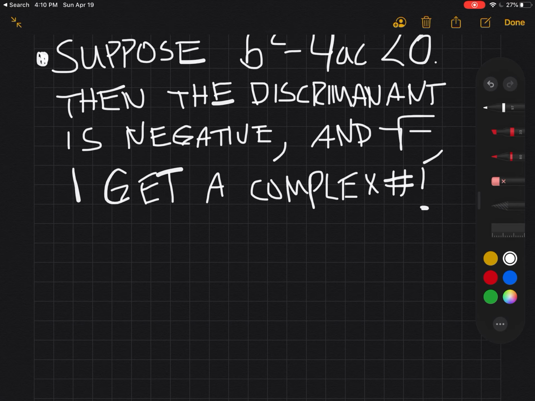And if I take the square root of a negative number, I get a complex number. So that's one thing that can happen when I have a quadratic formula.